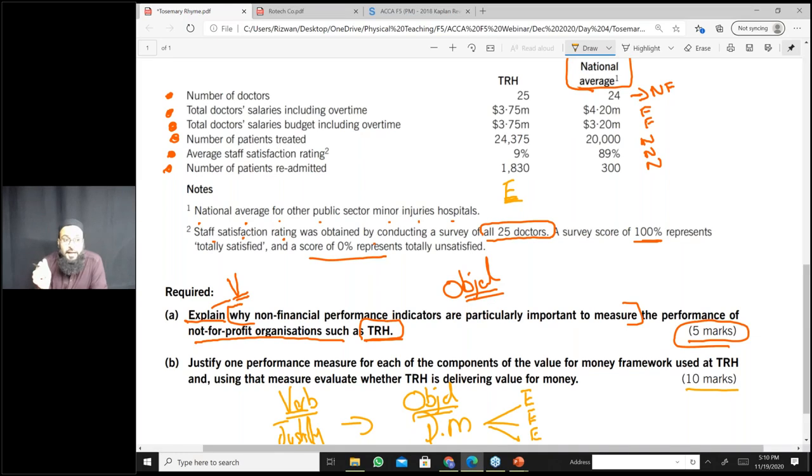The measure is salary per doctor. Can you work this out? Yes, you can. It's not difficult.